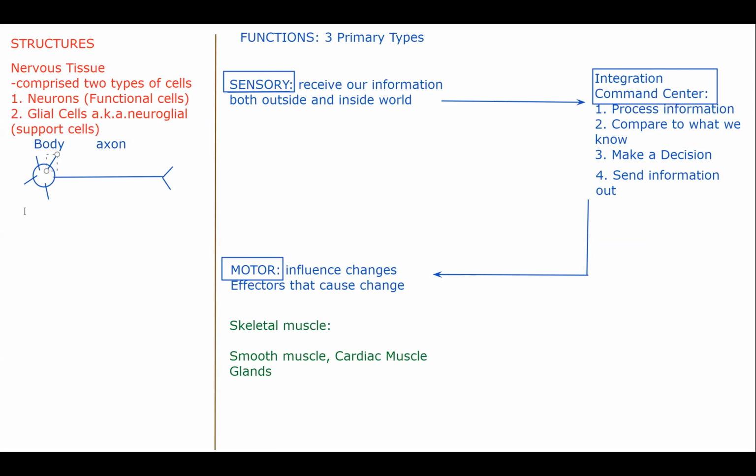Let's start easy. When we talk about specific structures of the nervous system, what are the structures that come to mind when I say that? What are the obvious structures that everybody should be able to figure out? Think of your nervous system and tell me a structure of it.